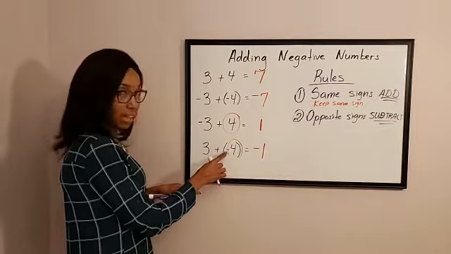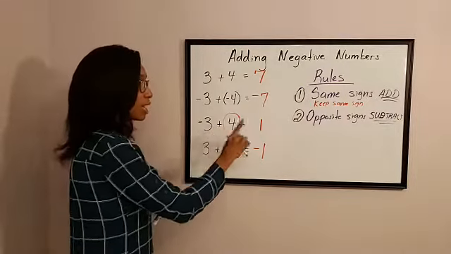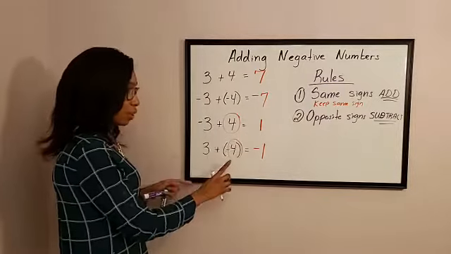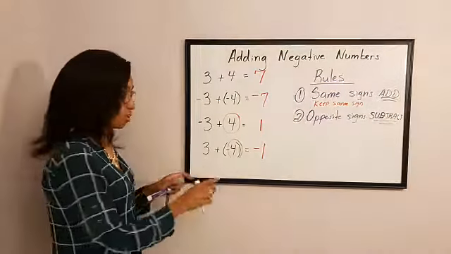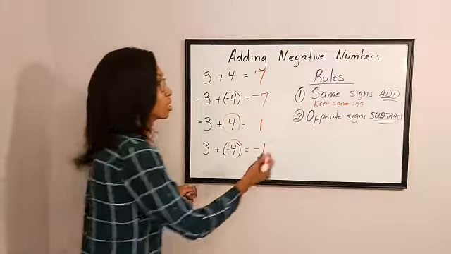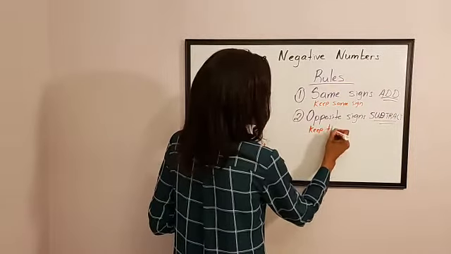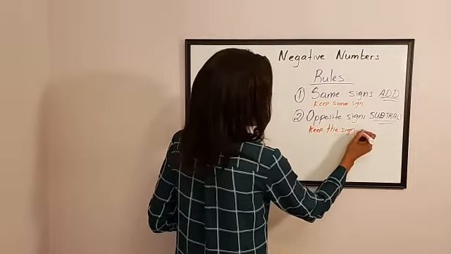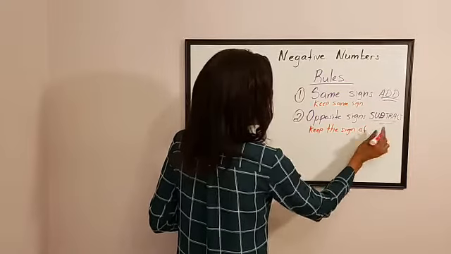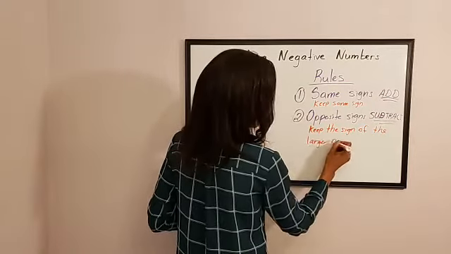We're ignoring the negative. So if the 4 is the bigger number and it's positive, my answer is positive. Here, my 4 is the bigger absolute value number, and it happens to be negative, so my answer is negative. So for this situation, we're going to keep the sign of the larger number. Okay?